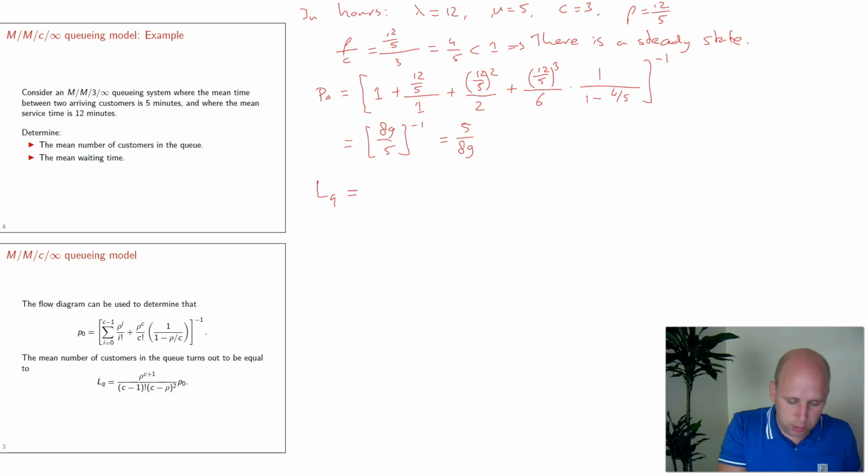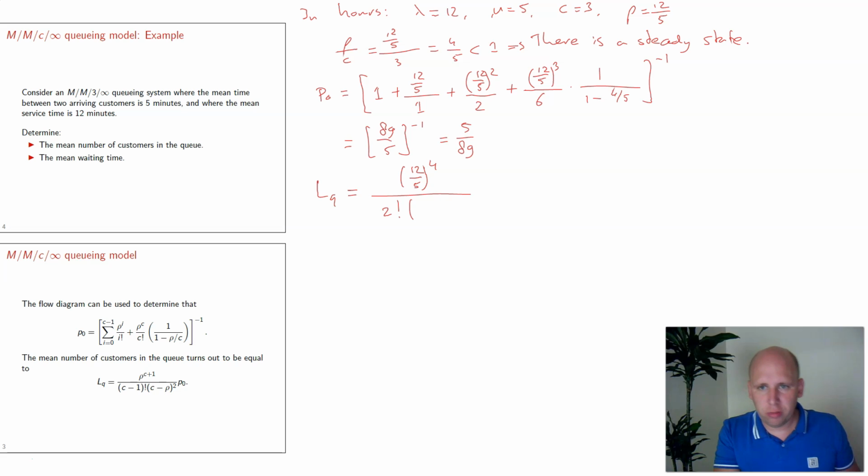LQ, the expected number of customers in the queue. Let's see what we have in the formula. We have rho to the power C plus 1, so it's 12 over 5 to the power 4, since C plus 1 is 4, divided by C minus 1 factorial, so that's 2 factorial, and that is multiplied by C minus rho squared.